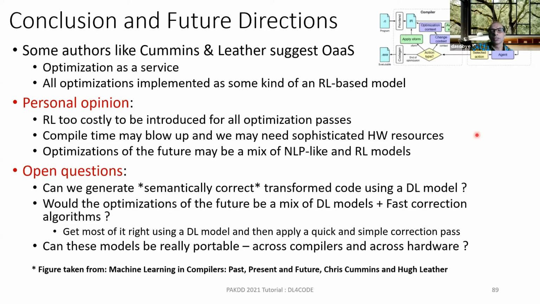Also, the question remains that even for the models, for example, the way we developed one hybrid model using a DL and a fast correction algorithm, would we see more of this kind of models in the future where we really would not get an explicitly correct output from our model, but then we can do a small tweaking pass at the end and do a fast correction and correct the algorithm without really going through much more complicated models. And then obviously, I developed this model for, let's say, Intel hardware or Habana hardware or some other hardware.